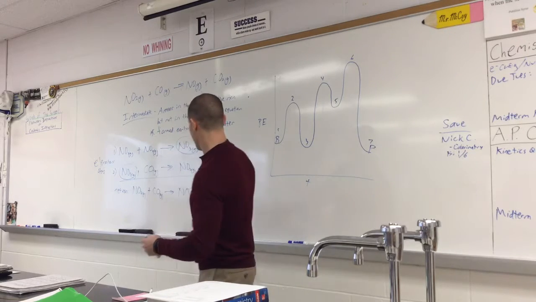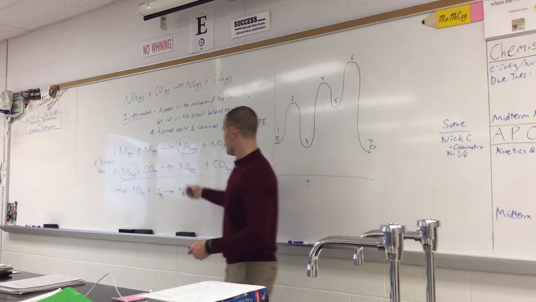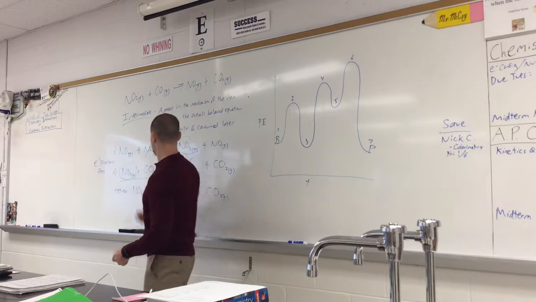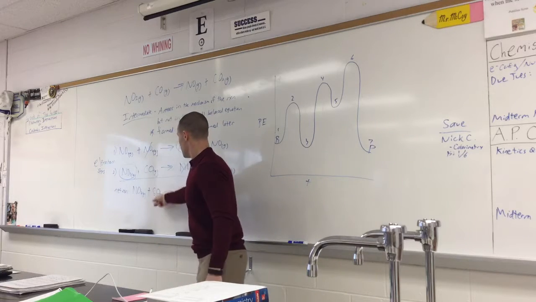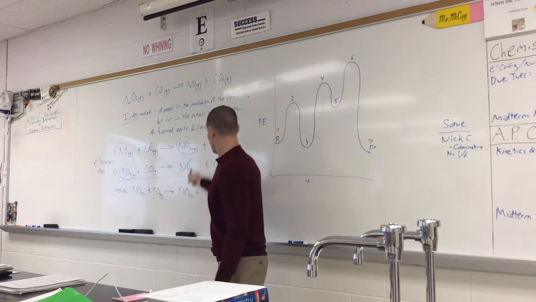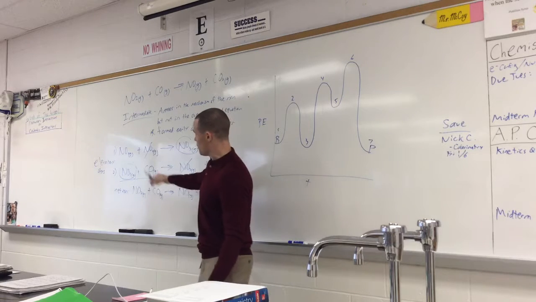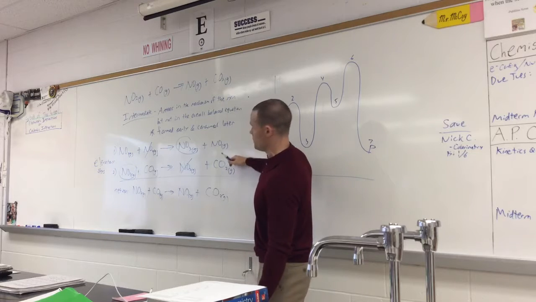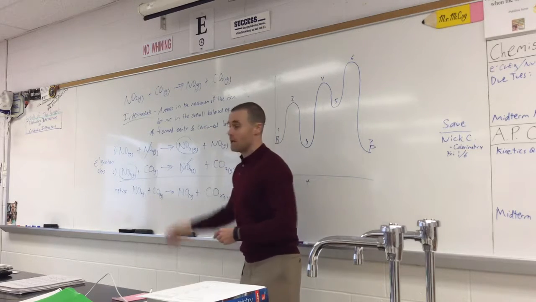That's how we relate it to the overall. One of those and one of those are canceled out because the overall has only one NO2 and one CO, there it is. One NO, there it is, and one CO2, there it is. So if you know the overall equation and the elementary steps, you can cancel things out so that they match.